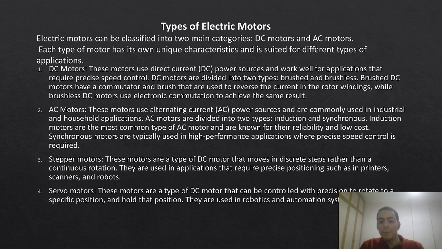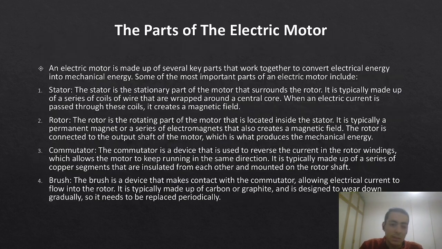They are used in applications that require precise positioning, such as printers, scanners, and robots. Servo motors are a type of DC motor that can be controlled with precision to rotate to a specific position and hold that position. They are used in robotics and automation systems.